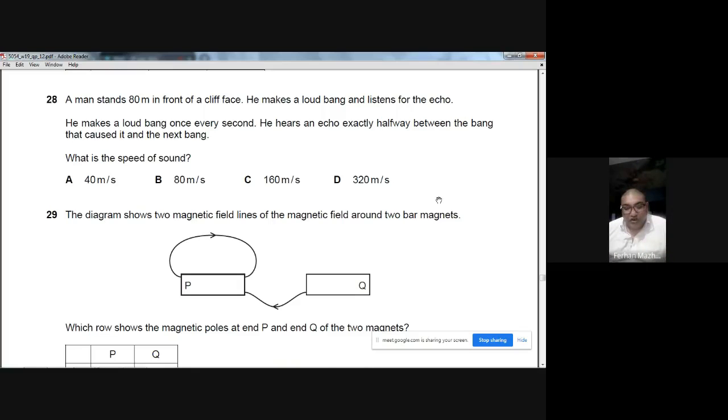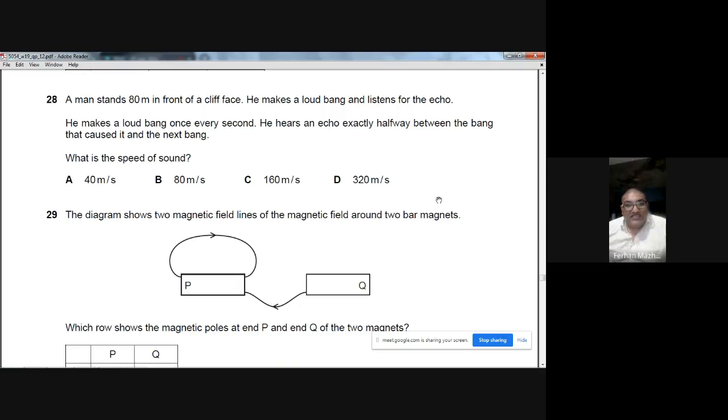So the time taken for the echo to reach him is not 30 seconds, it is half second. The cliff from where the echo is coming is 80 meter. So the sound went to the cliff 80 meter and came back 80 meter again.